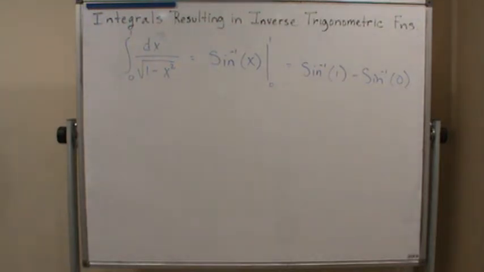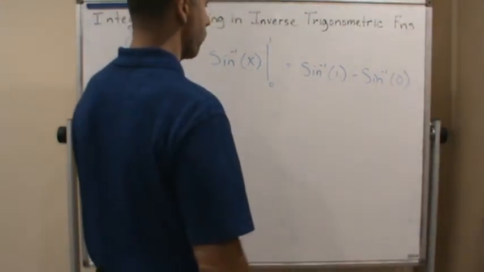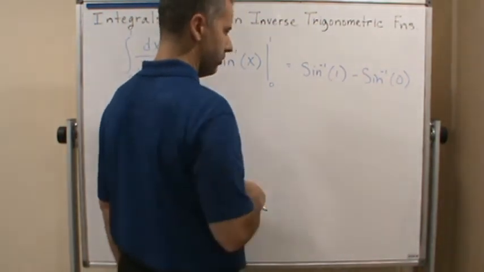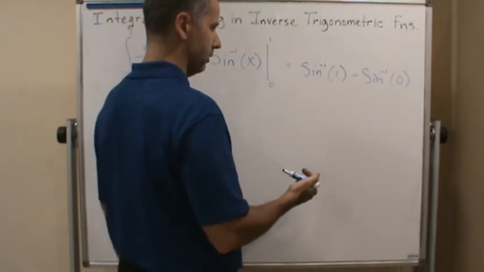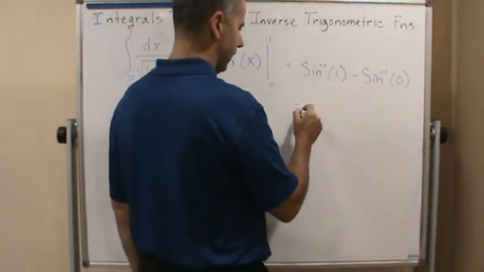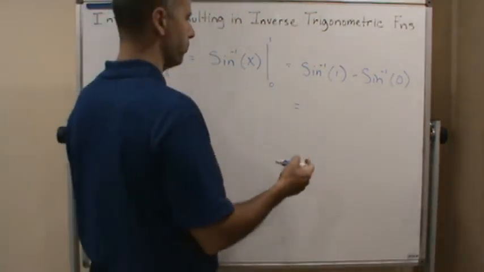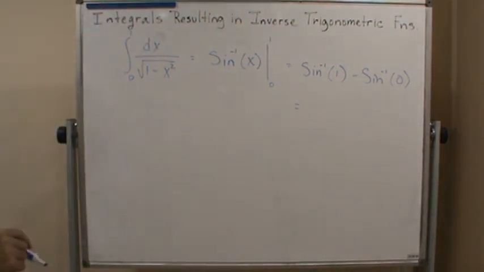Okay, so what are we looking at here? They're inverse trig functions, right? So they're angles. So the sine of what angle will give me 1?